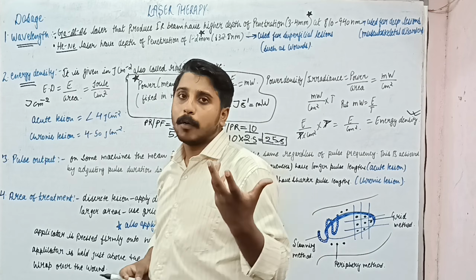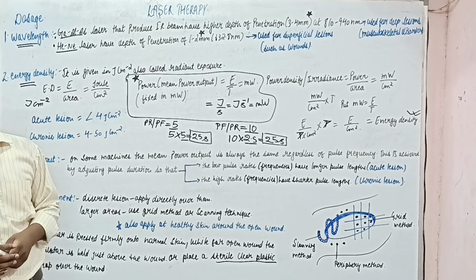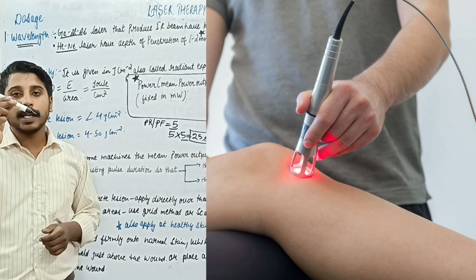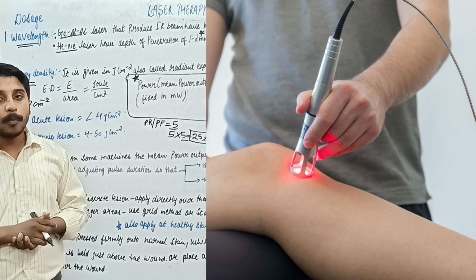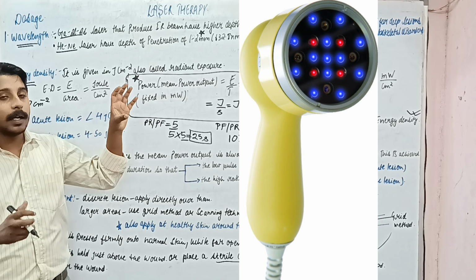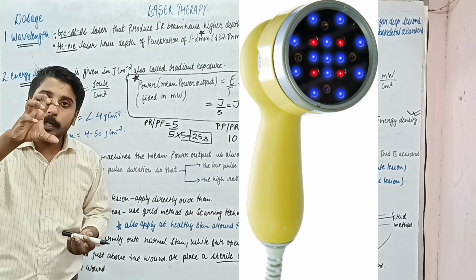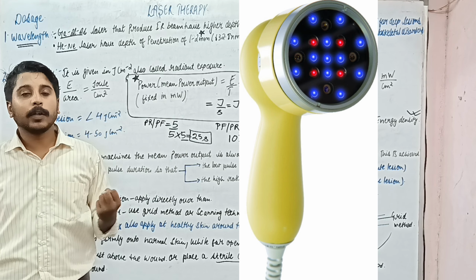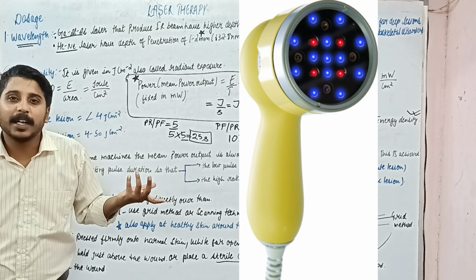And at last I want to just explain that laser has three types of applicator. First is the single probe, which is having a size like a marker pen, and we can apply it just over the body part to be treated. Next is the cluster probe, which contains a number of probes mounted together in a handheld applicator, and its advantage is that we can apply it on larger areas, such as 25 centimeter square.